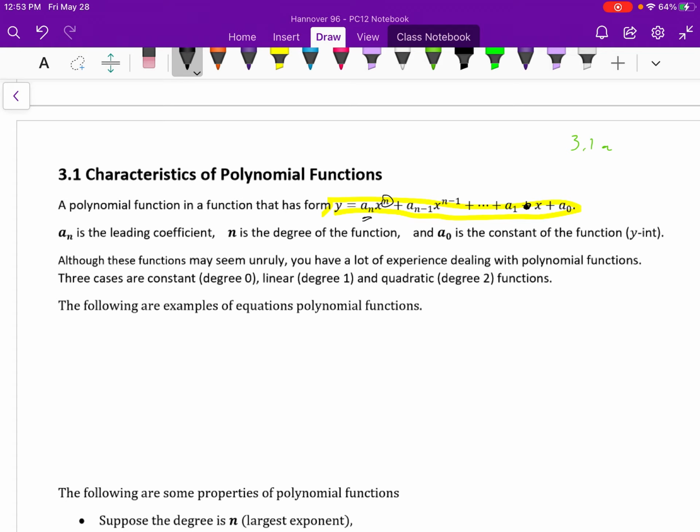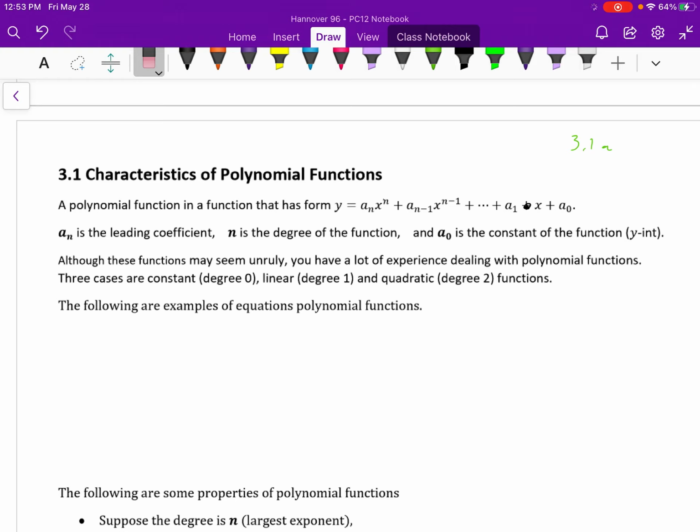And a_0 is the constant of the function, which translates to the y-intercept. Now, this is a definition that sometimes scares people, but there's really no need to be scared.